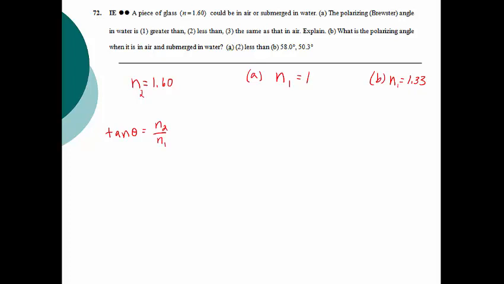So here, we just end up with tangent of theta is equal to 1.60. We take the inverse tangent of that. Theta is 58 degrees. Here it's a little more complicated, because now the tangent of theta is equal to 1.60 divided by 1.33.